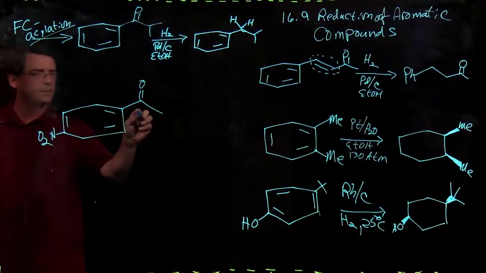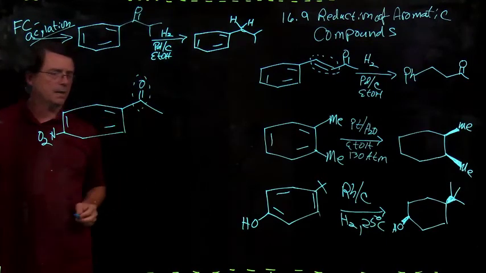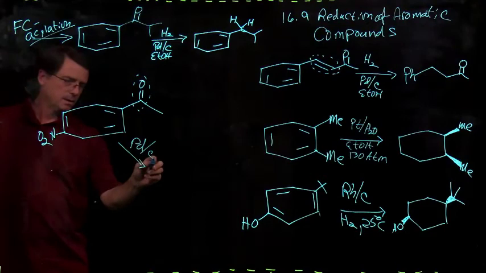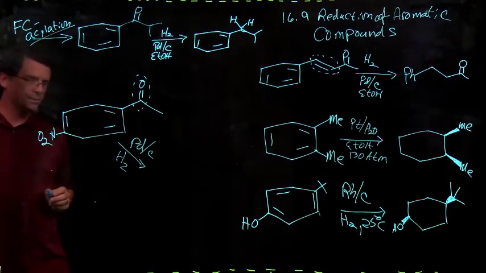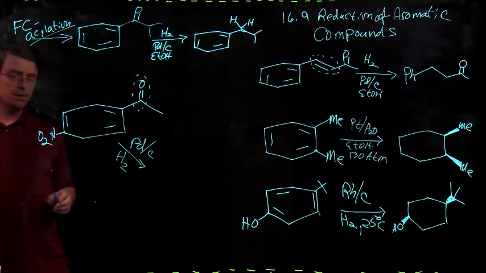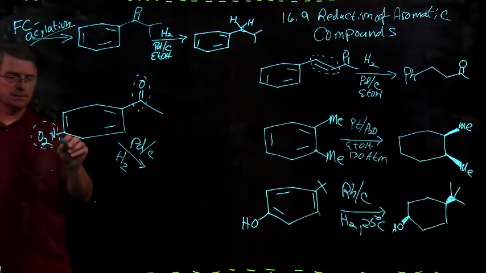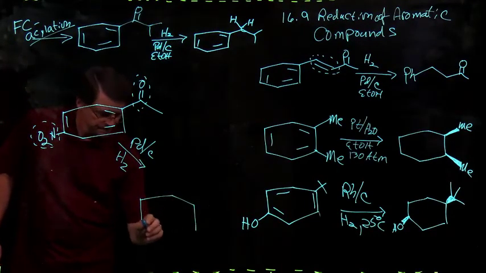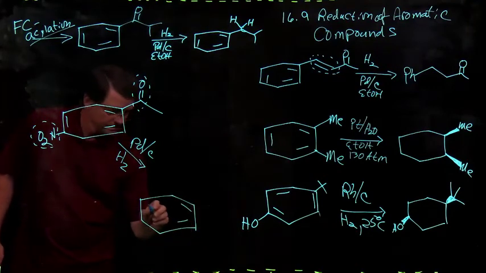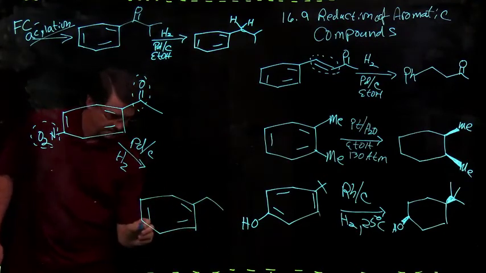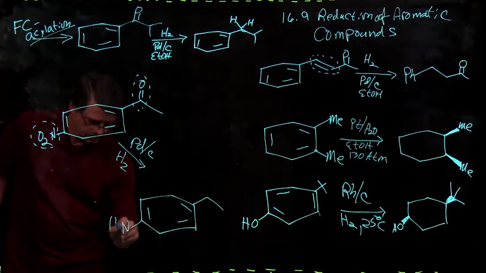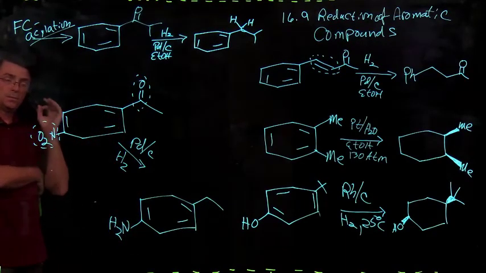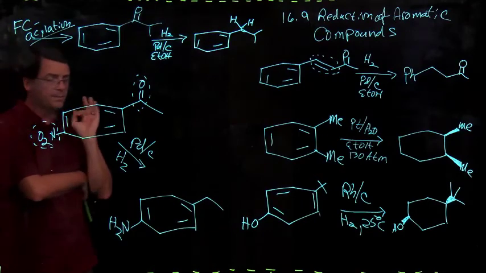And so if we wanted to reduce that carbonyl with these conditions, palladium on carbon and hydrogen, just remember this group is very easily reduced and it will reduce also to the NH2 group.